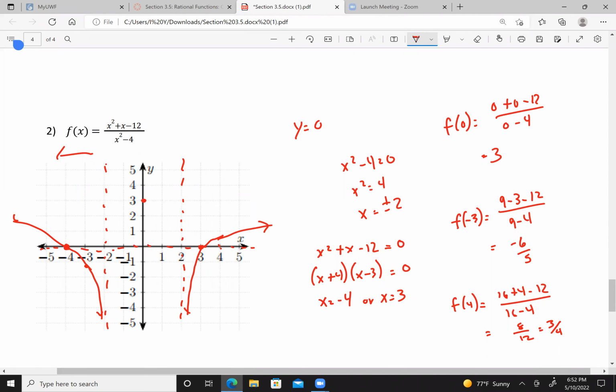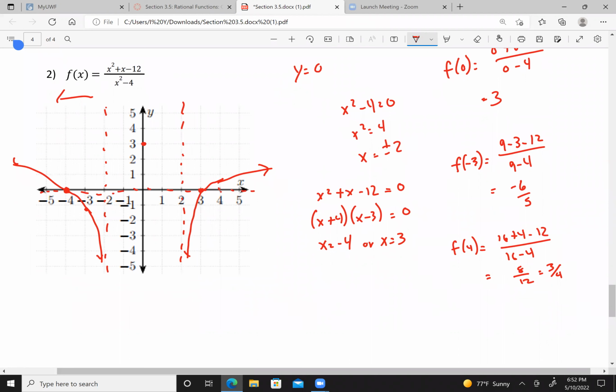Let's try -1 and 1. So let's try -1 first. We have f of -1 equals 1 minus 1 minus 12 over 1 minus 4. This is -12 over -3, which is 4. So at -1, we're at 4. At +1, f of 1, we get 1 plus 1 minus 12 over 1 minus 3.